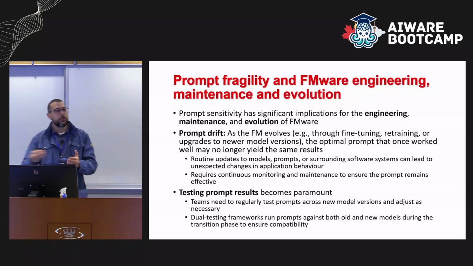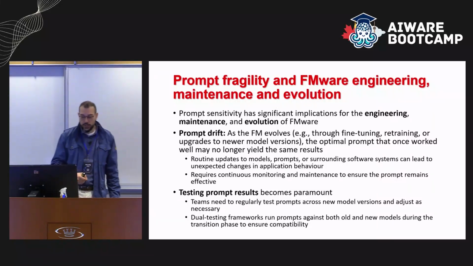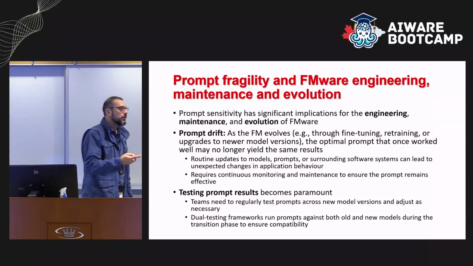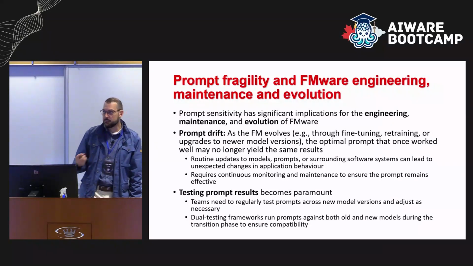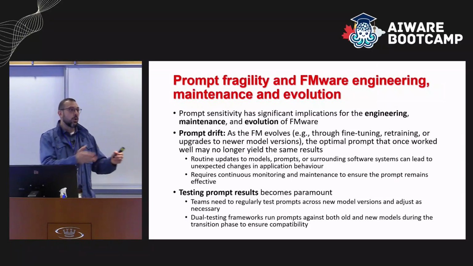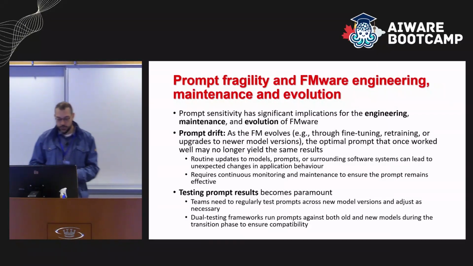So there is a regression as you change the models. The implication is also that you need to test for these regressions. You need to have regression tests in place so that you can evolve these models with confidence and know when these regressions were introduced.